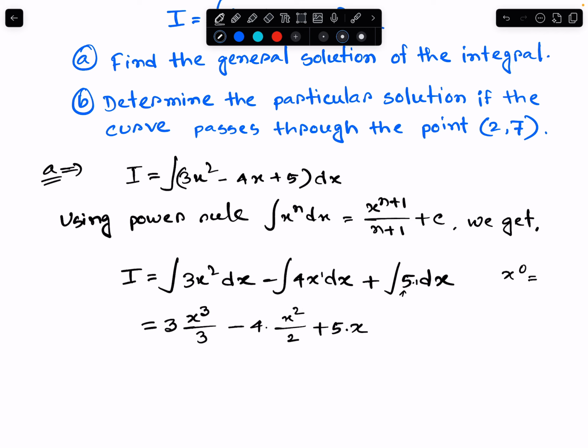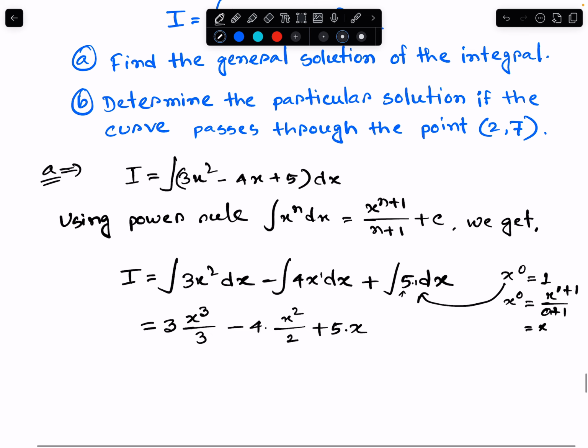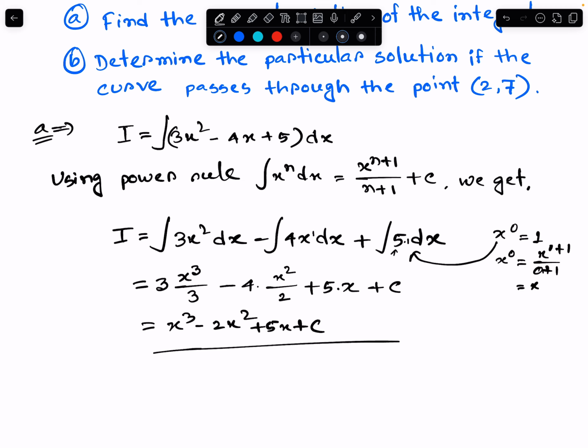So x to the 0 means 1. We can write x to the power 0. The integral is x to the power 0 plus 1 divided by 0 plus 1, which is x. So here is x. And finally, we add plus c, right? So x cubed minus 2x squared plus 5x plus c, which is our general solution.